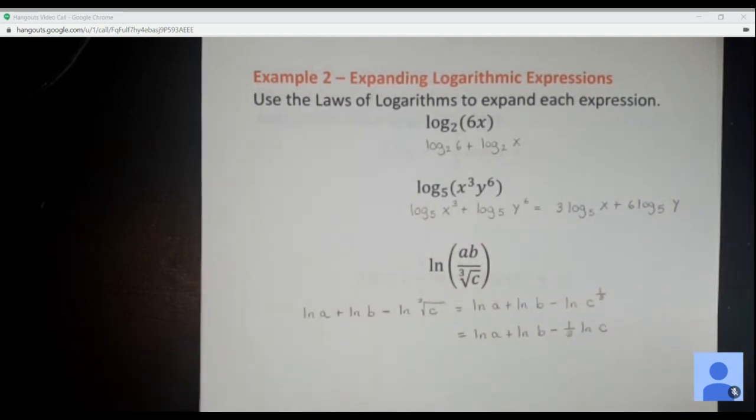And again, we just go through, make sure there's nothing else we can do. We already checked the a and the b, those are fine. Now there's just a c here, so no multiplication, no division, no exponents. That now is fully expanded. Any questions on that one now?